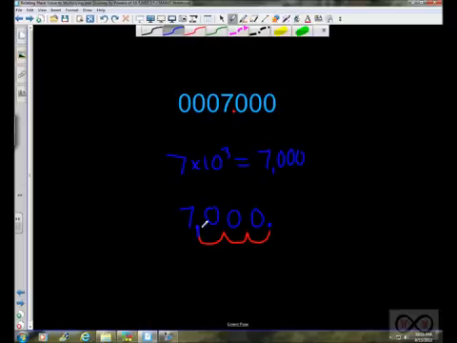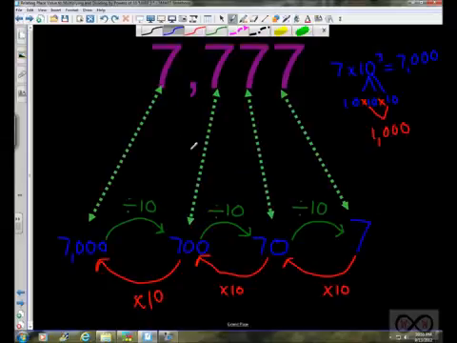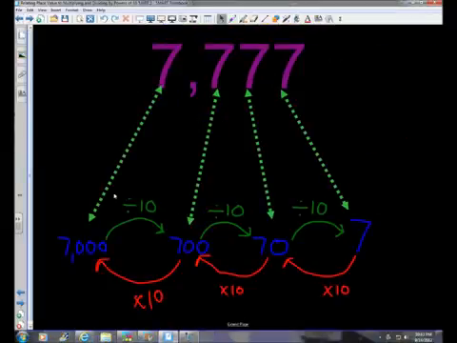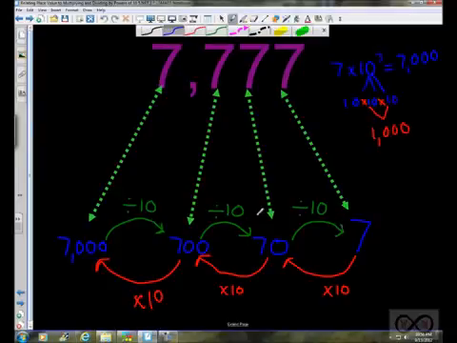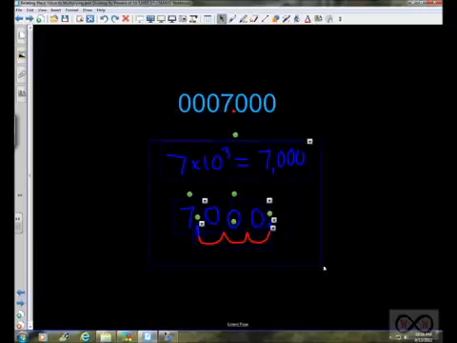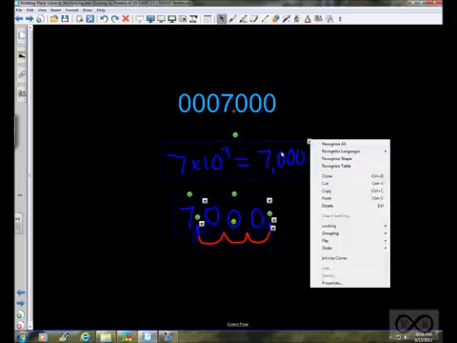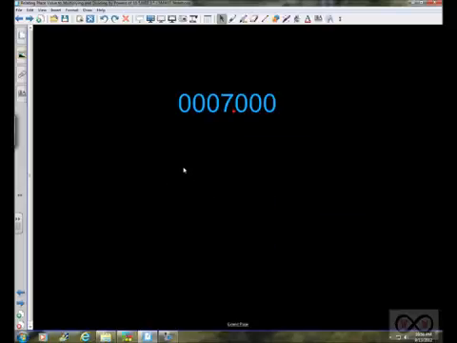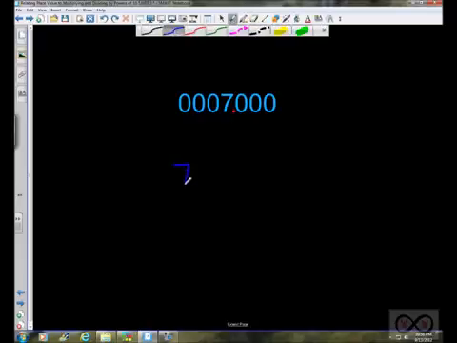We'll go over some examples in just a minute. But before we do that, I want to take a look at what happens when you move to the right on the place value chart. Say instead of 7 times 10 to a certain power, you had 7 divided by 10 to the third.